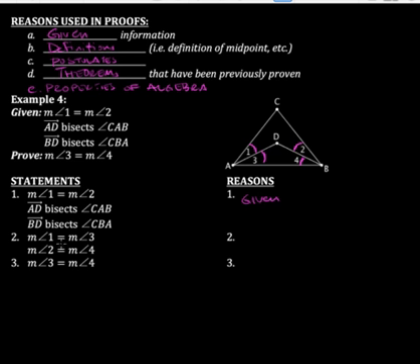Then it says measure of angle 1 equals measure of angle 3. Well, how do I know that angle 1 is equal to angle 3? If I think back to when I was marking this picture out, what led me to put the same mark on angle 1 and angle 3? It was this statement right here, right? That ray AD was bisecting angle CAB. And so I knew that those angles were congruent because I knew what this word meant. I knew what it meant to bisect the angle. So that would indicate that I used a definition.